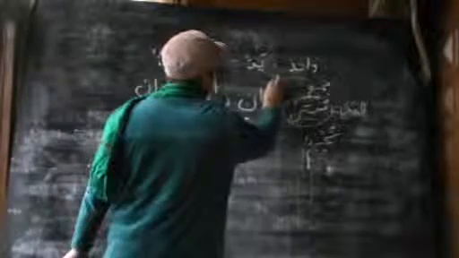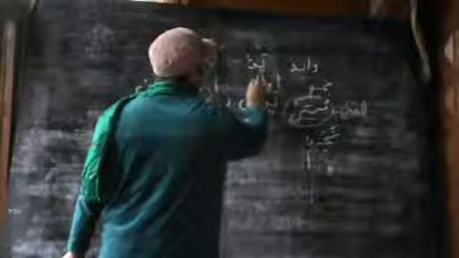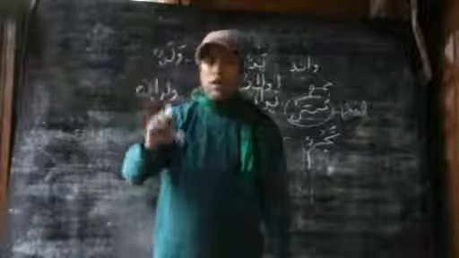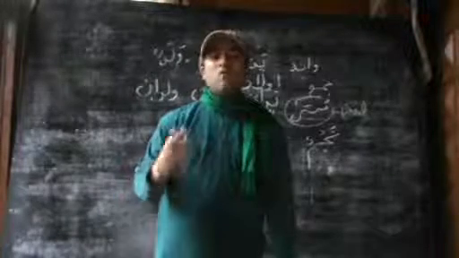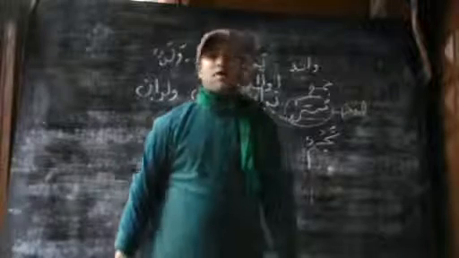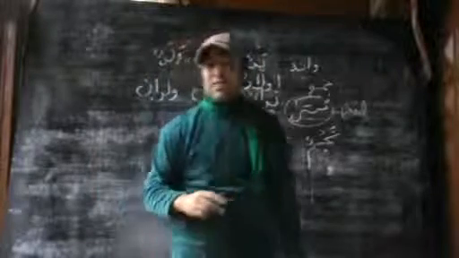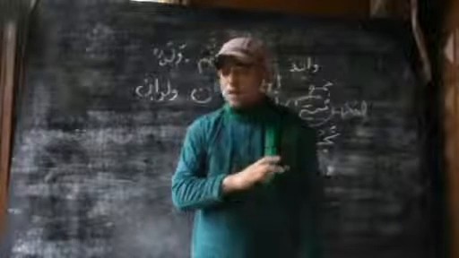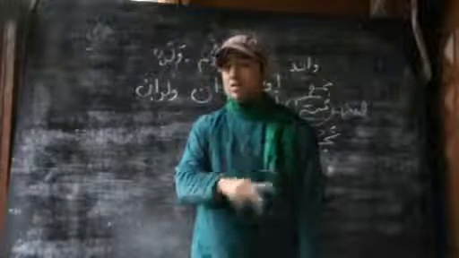We can say awladun, which means many boys. So in the wahid category, waladun is a boy. For two boys you can say waladani. For many boys you can say awladun or al-awlad.